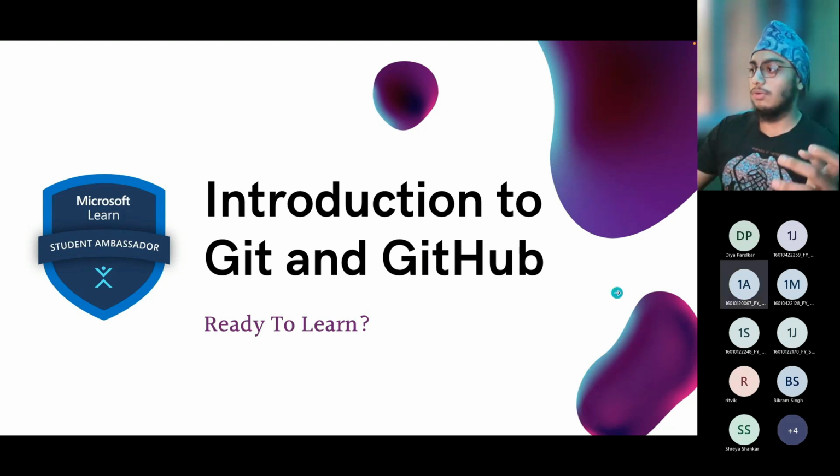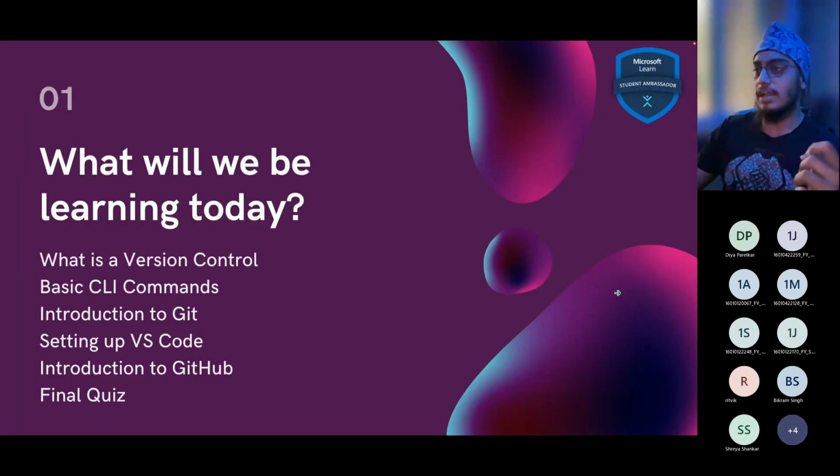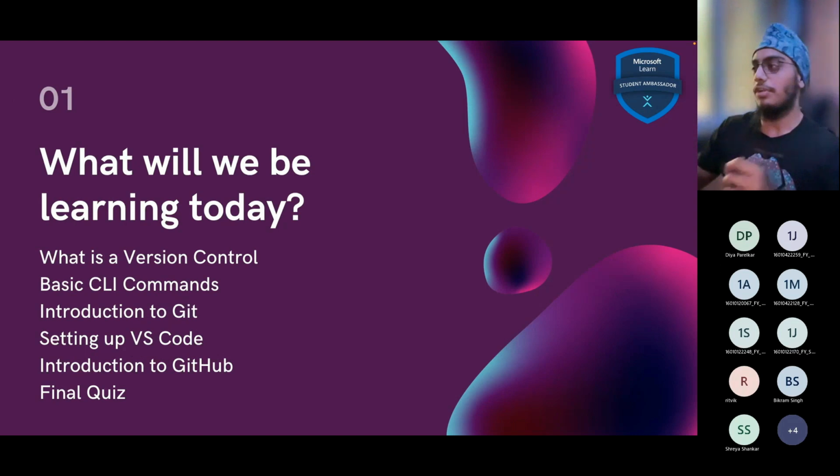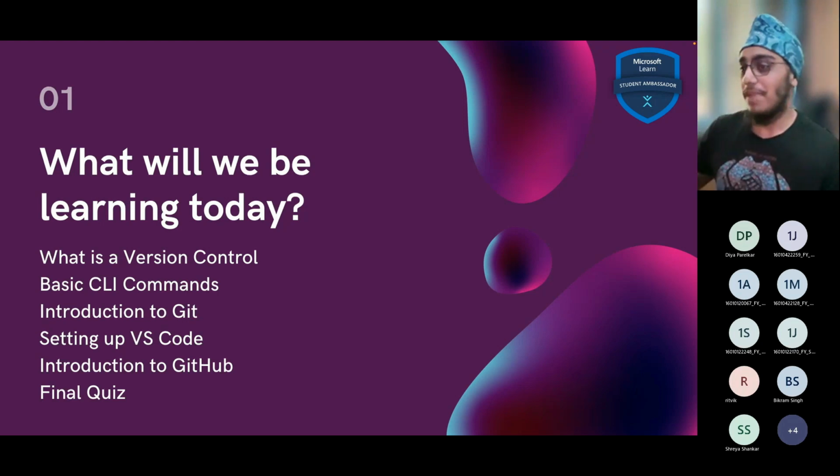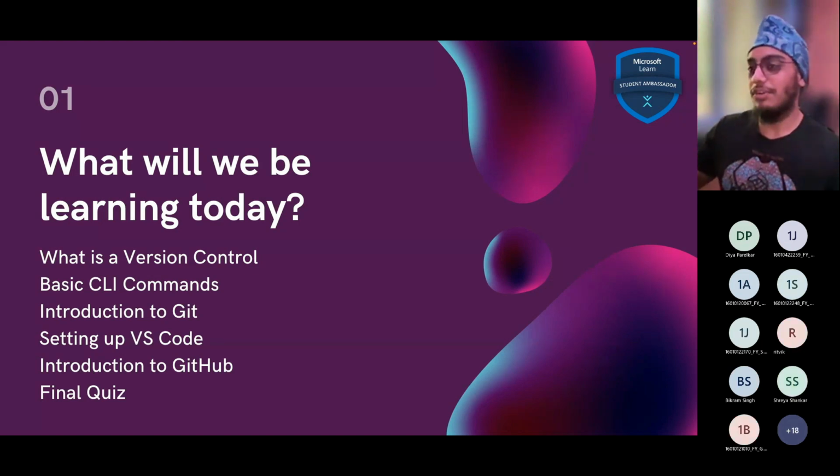Before I start, I'd like to give a gist of what I'm going to cover in today's session. Firstly, we'll go through what is version control, and many people who are actually using it still don't know what a version control system is and how it comes into play in Git.